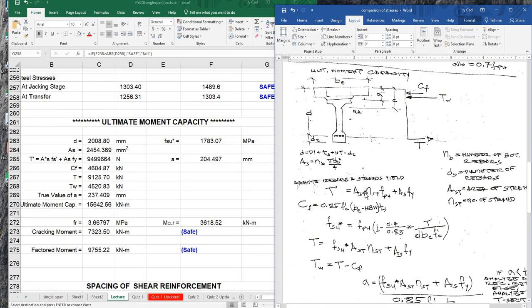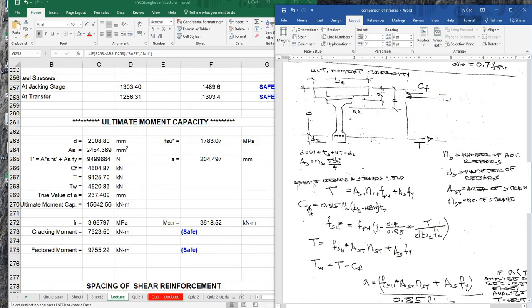FPU. So, I take this as T prime. And then, this is equal to AST times NST times FPU. Yung AST na yan, that is the area of strand. Yan yung 98 point something. NST, that is the number of strands. Tapos FPU, yan yung ultimate strength ng strand.